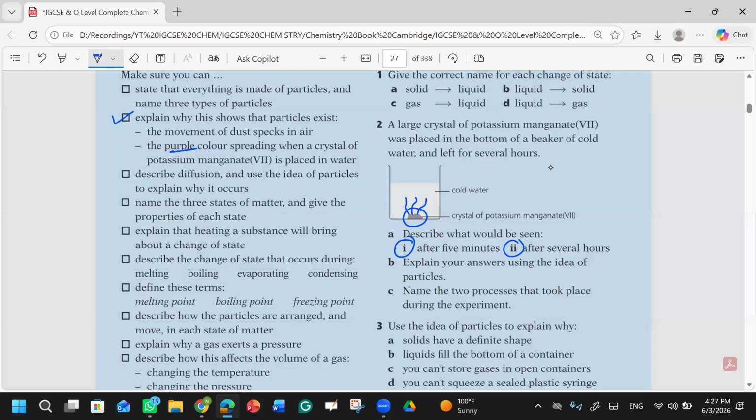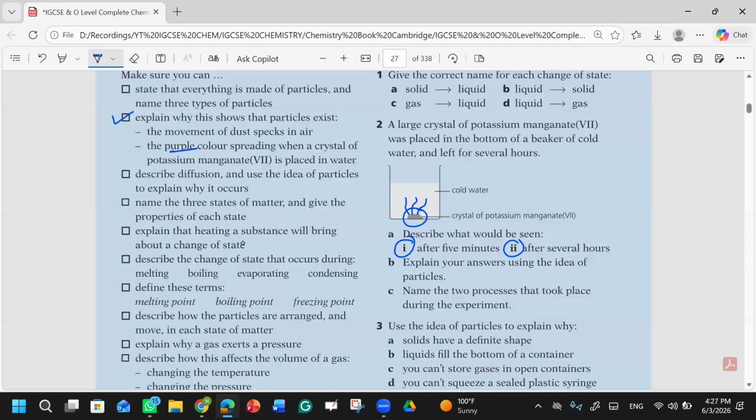It will spread out. At 5 minutes it is not completely dissolved, right? But after several hours the potassium manganate will be completely dissolved, and you will have a uniform purple color. Are you getting this?